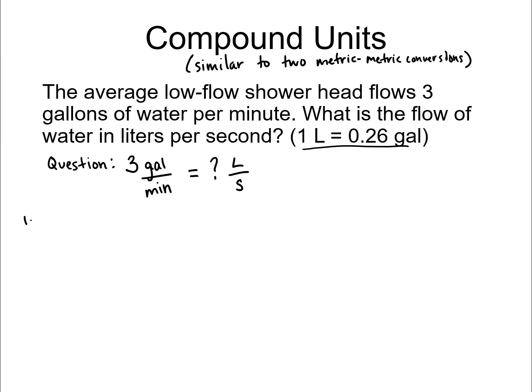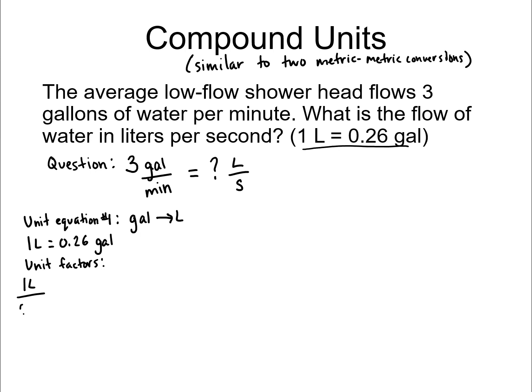For our first unit equation, we need to go from gallons to liters. And we've already been given that unit equation. 1 liter is equal to 0.26 gallons. Write out your unit factors.